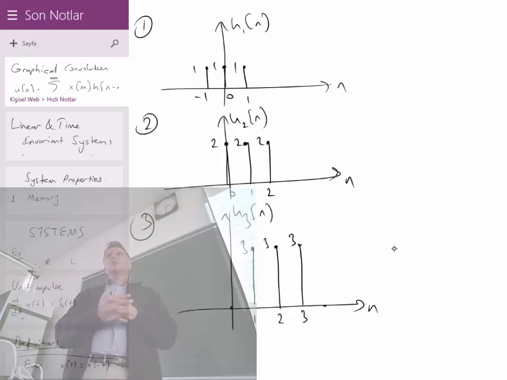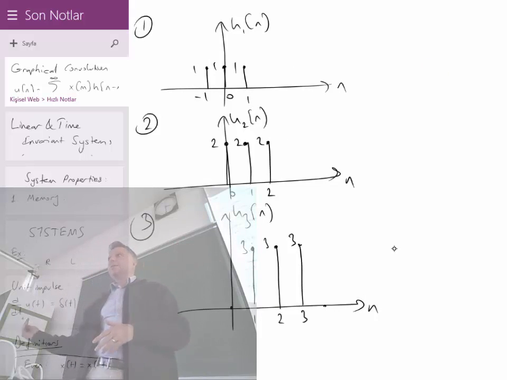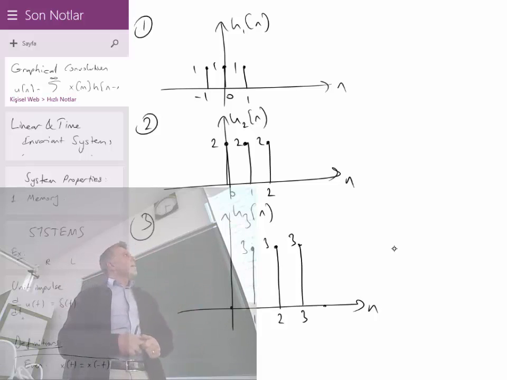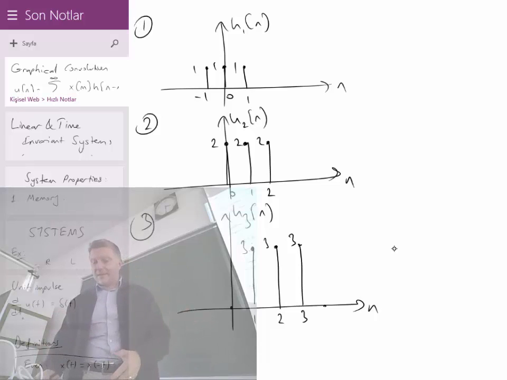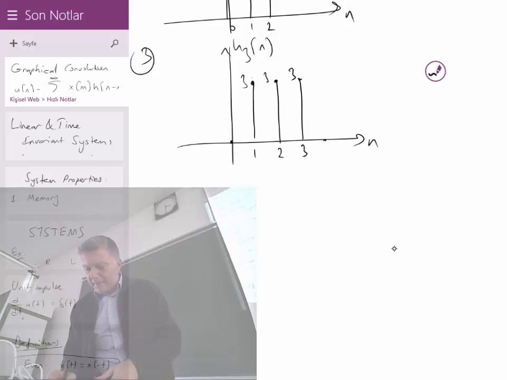So these 3 individual impulses produce these individual responses. Impulse versus impulse response. And what are we going to do? Since the input is the combination of all these 3 impulses, the output is the combination of all these 3 impulse responses. So we are going to add them up, and the summation will be y of n.